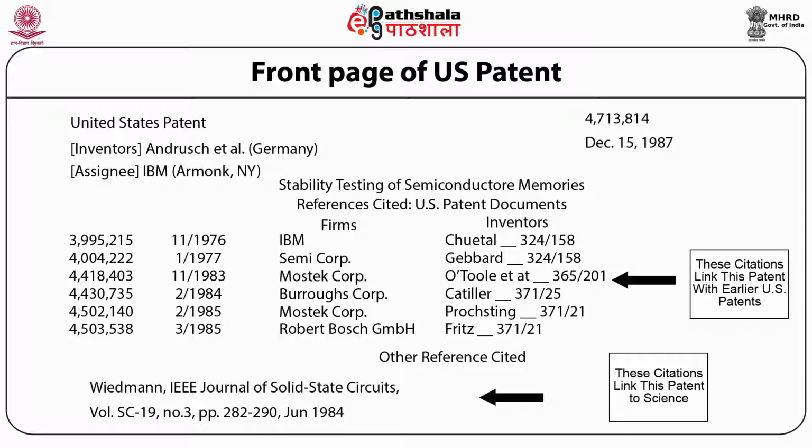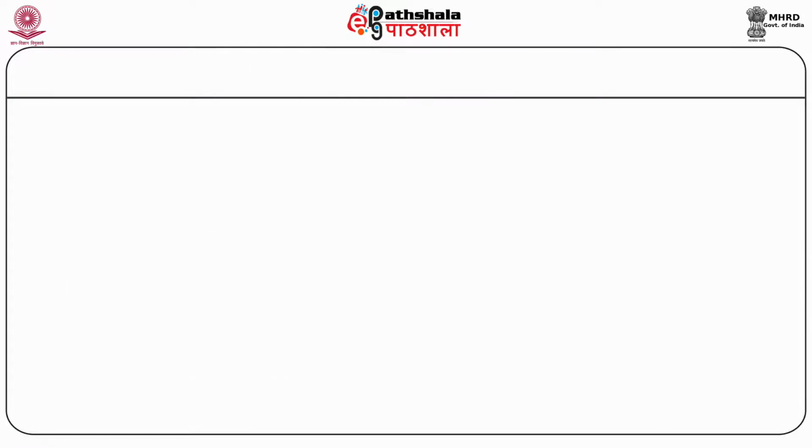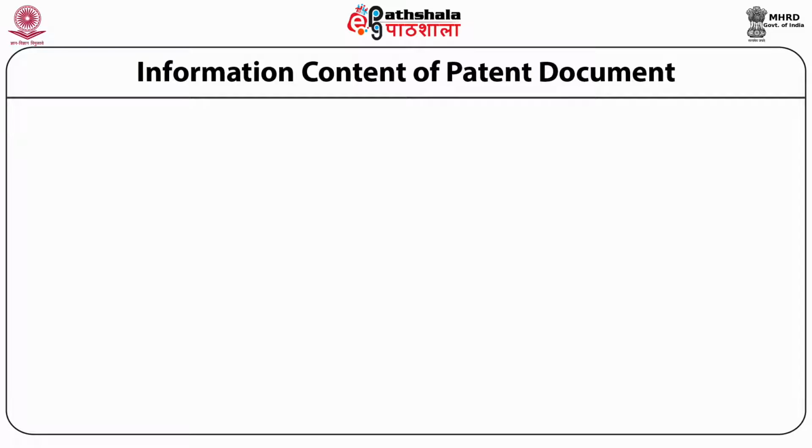You see that you can find the bibliographic data, the patent number, the date on which this patent is filed, the title of this patent, and the patents or research papers which this patent has referred to, and it also gives you references of those which have cited this patent. See that a patent document contains a large amount of information.